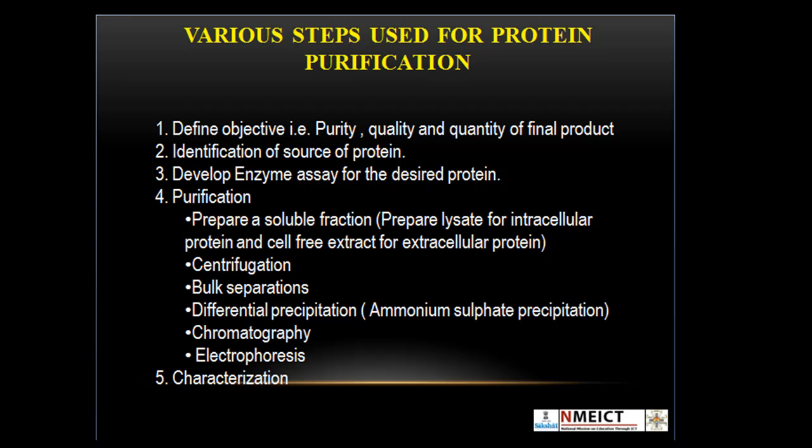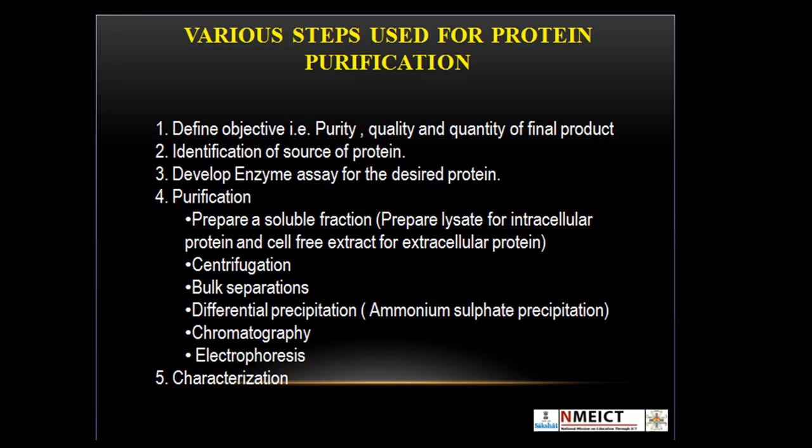The purification involves the preparation of soluble fractions or lysates, then centrifugation. Then there will be a bulk separation that is generally achieved by ammonium sulfate precipitation. Then one may go for chromatographic techniques. Generally, protein purification is a multi-step process.